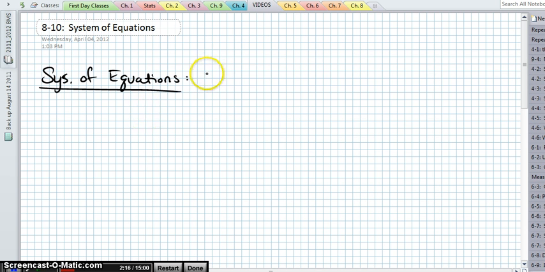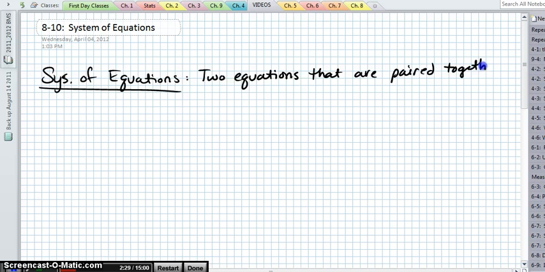So systems of equations, basically it's where we have two equations. You could have more, but we're just starting with two. Two equations that are paired together that can either, we said, one, intersect when graphed.